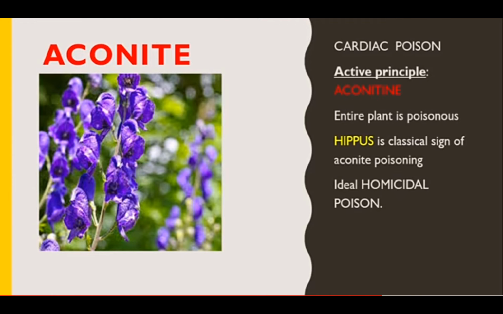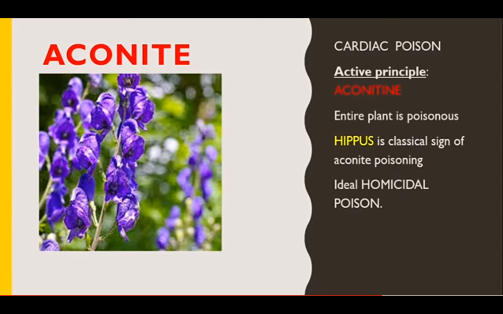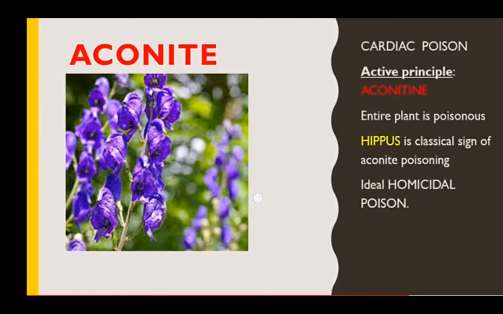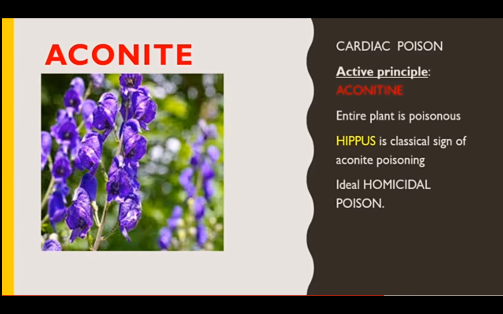Aconite is a cardiac poison. The entire plant is poisonous, and hippus is a classical sign of aconite poisoning. It is the ideal homicidal poison. Hippus is linked with eye signs. How will we remember aconite? Bluish flowers arranged like a rocket.